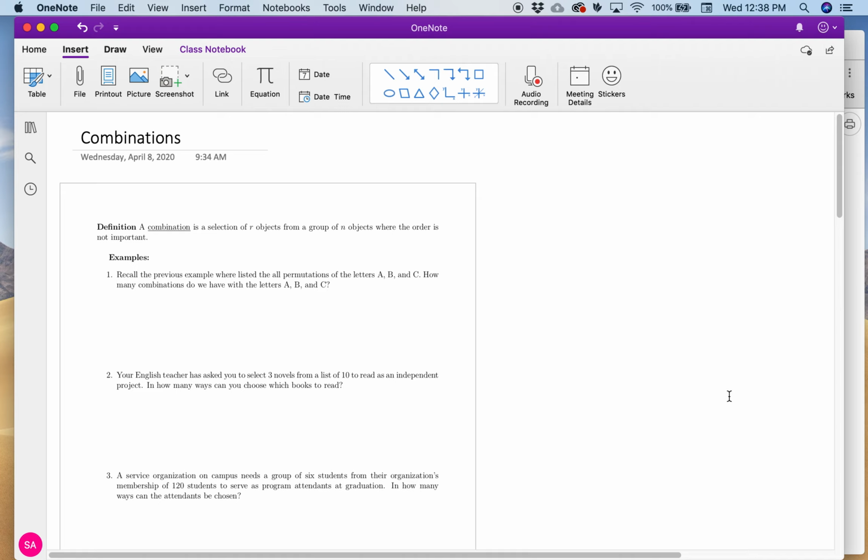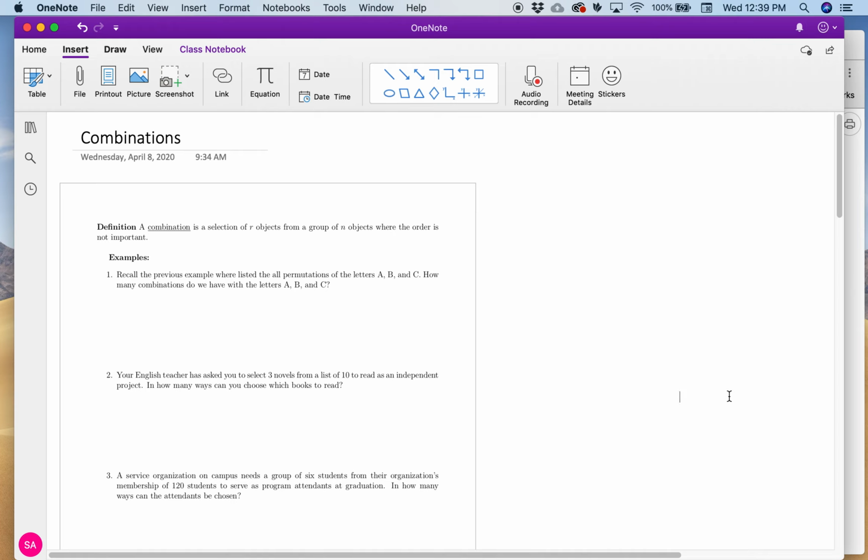So, definition: a combination is a selection of R objects from a group of N objects where order is not important. Combinations are similar to permutations, but the big difference is order does not matter with combinations.